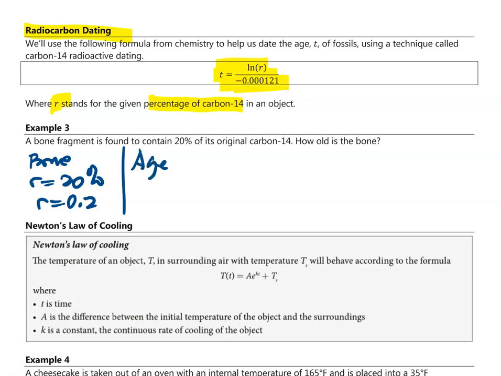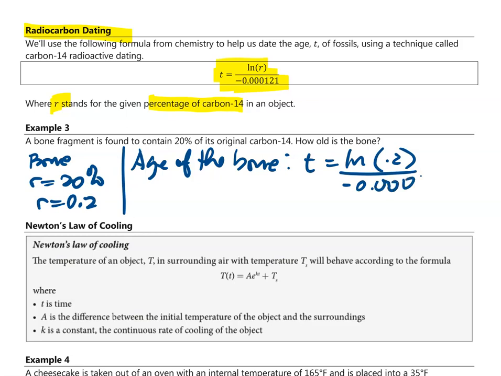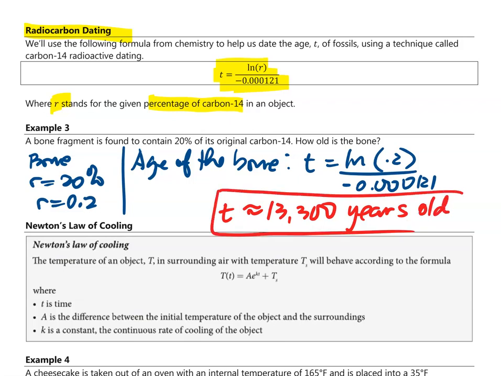Then the age of the bone, that is T is equal to ln of R, which is 0.2, over negative 0.000121, and when you divide that, then T is approximately equal to 13,300 years old. Okay.